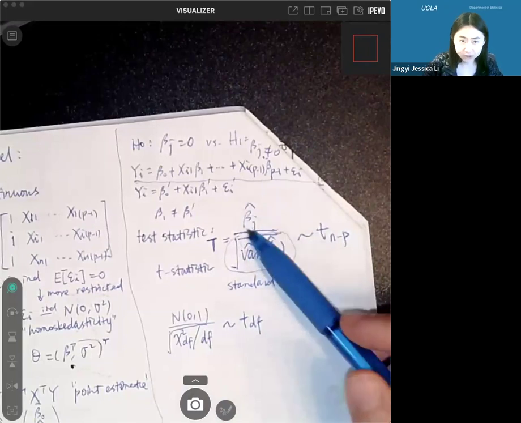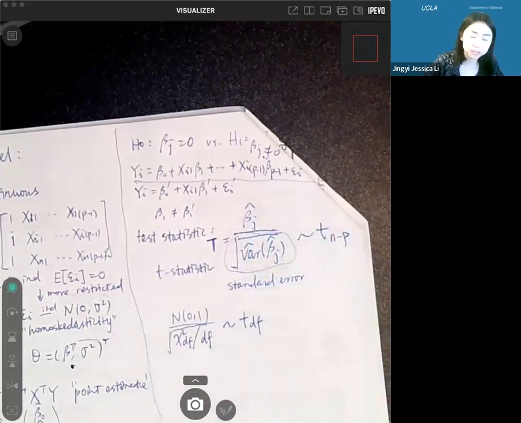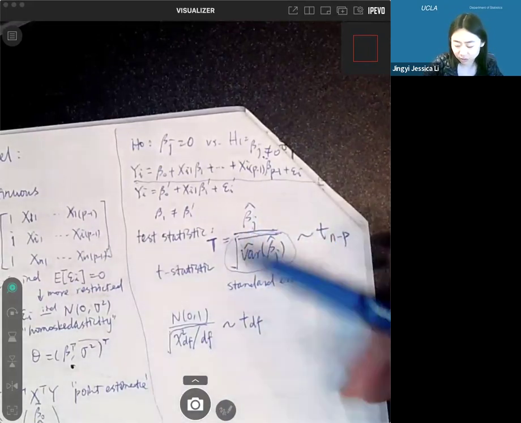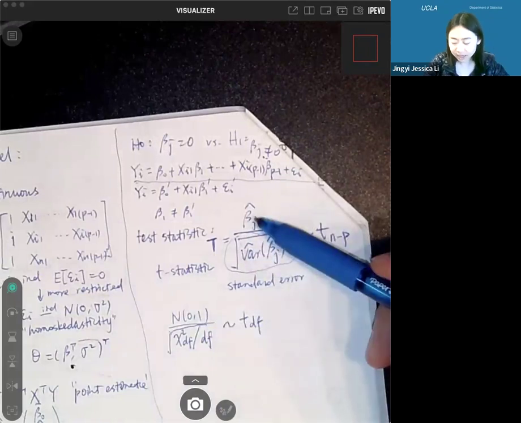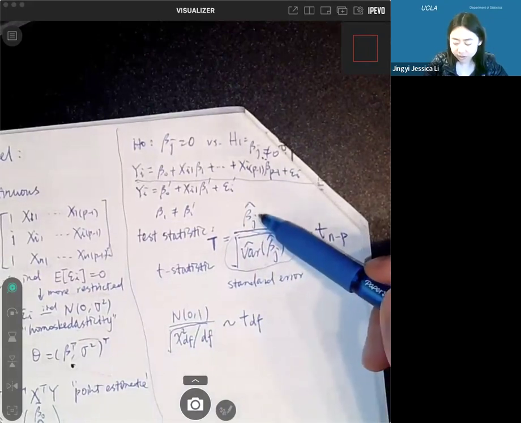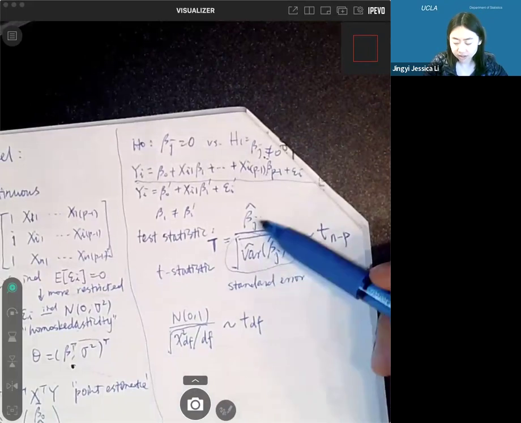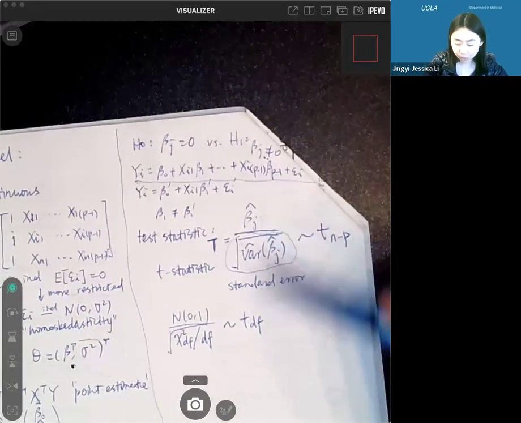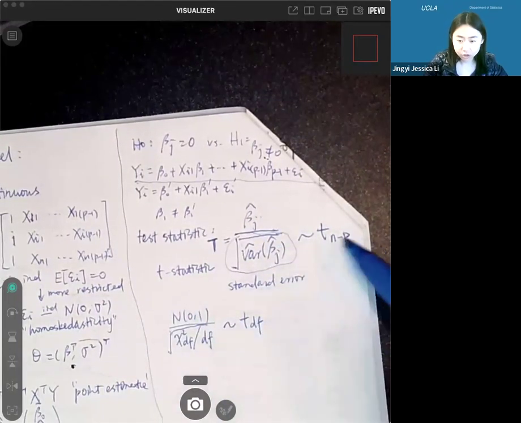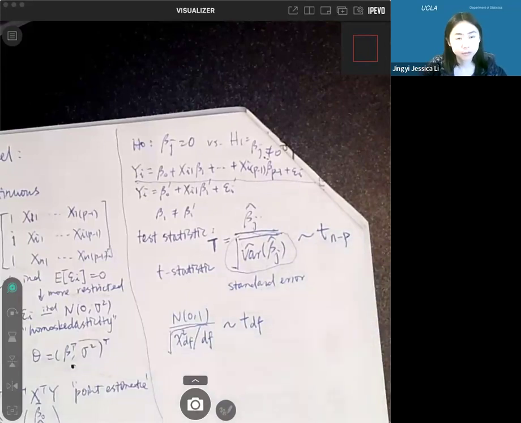And the numerator, also subject to some division by variance, is a standard normal. So the constant in the numerator and the constant from the denominator can cancel each other. That's why we can have a form like this, so we can show it's a T distribution. This is just a very brief recap of why it's the T distribution.